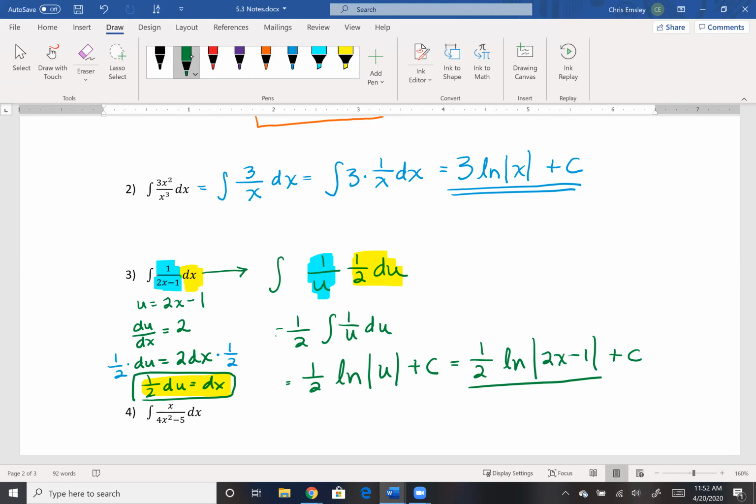And that would be our final answer. That's another one where you can think through it in your head: what's the derivative of 2x minus 1? It would be 2. I don't have a 2 in there, so I need this 1/2. Again, if that doesn't make sense to you, just write it out.